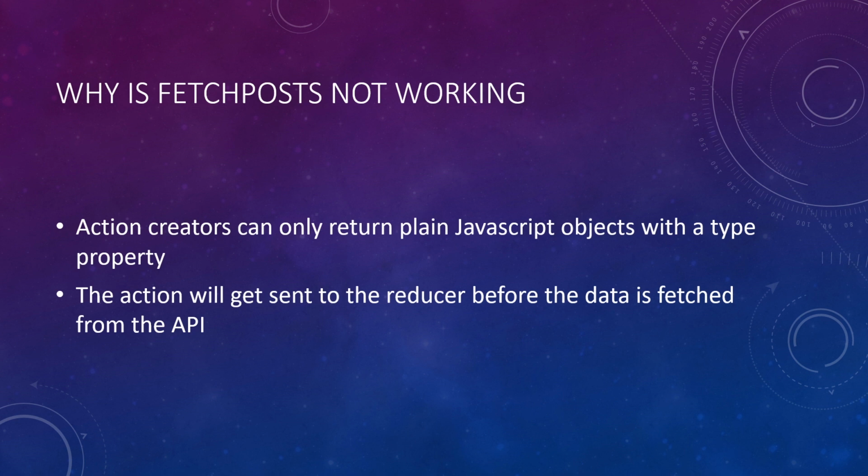It's instantaneous, whereas sending an API request to a remote server could take up to half a second or more. And so that API request will never get completed in time before the action gets sent to the reducer, and the reducer will never have access to the posts that we're trying to retrieve. Now, the error that we saw just now is due to the first item on this list. It's because we're returning something that isn't an action object.